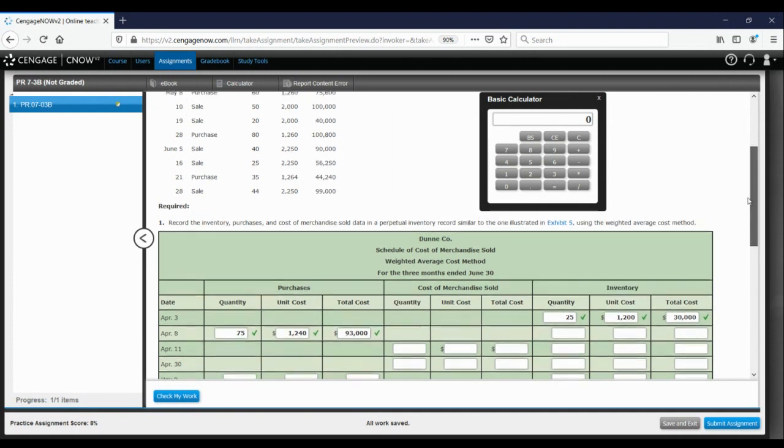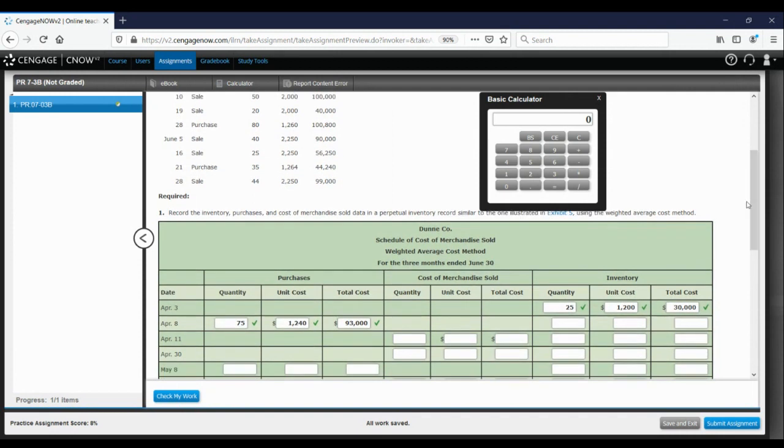And so what you have to take into consideration is that you had ending inventory from April the 3rd at $30,000. Then you just purchased some more inventory that had a cost of $93,000. So watch what I'm doing here on the calculator.